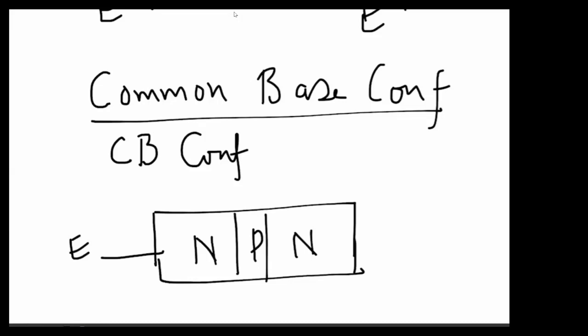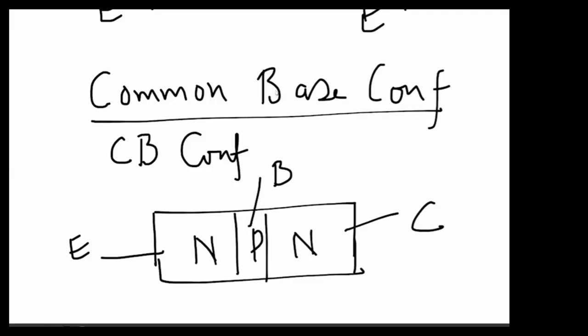Then we have the base, which is lightly doped, and then we have the collector, which is moderately doped, right?